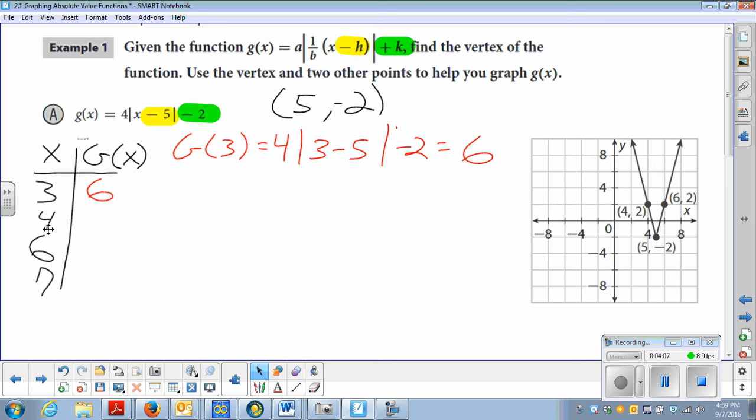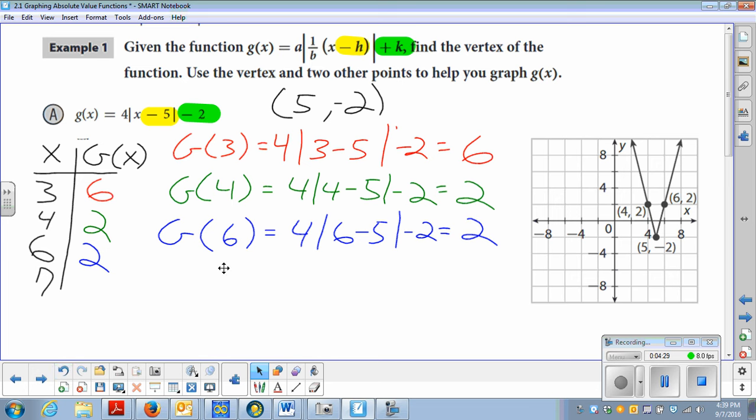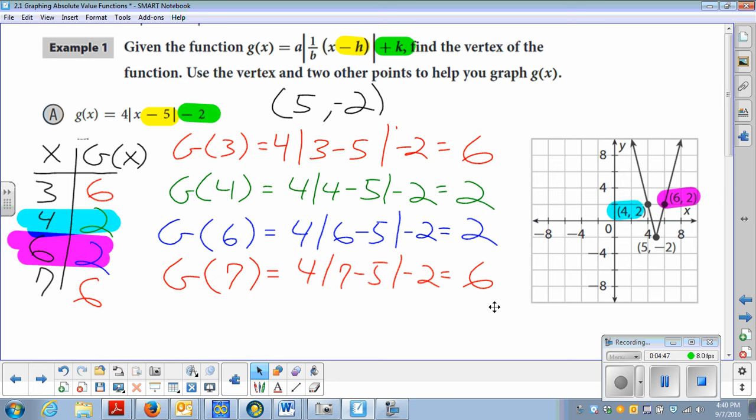All right, the next thing I'm going to do is plug in my 4. When I plug in 4, I get 2. Next, I'm going to plug in 6. And when I plug in 6 for my value, I also get 2. And last, I'm going to plug in 7. And when I plug in 7 for my value, I get 6.